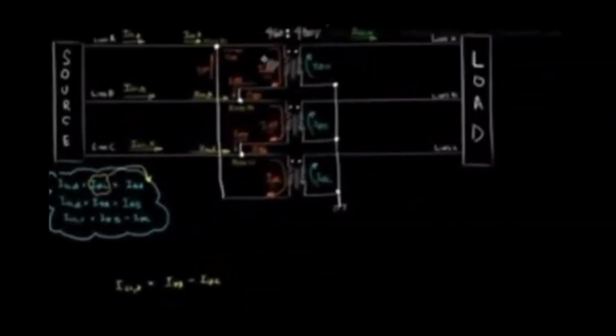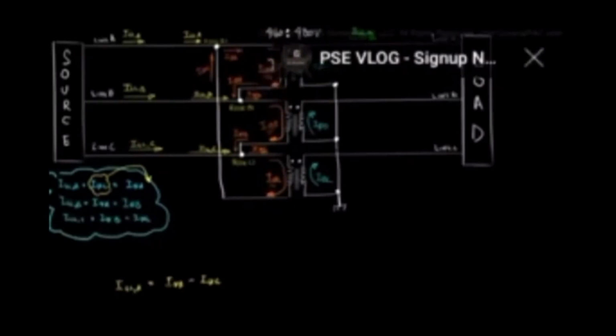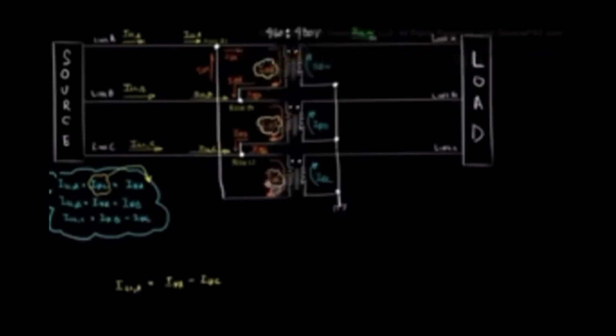Let's define our phase values, the values of the currents that are flowing through our windings. We're going to define phase A, phase B and phase C currents, creating a balanced system.